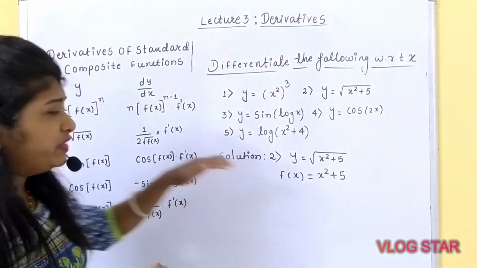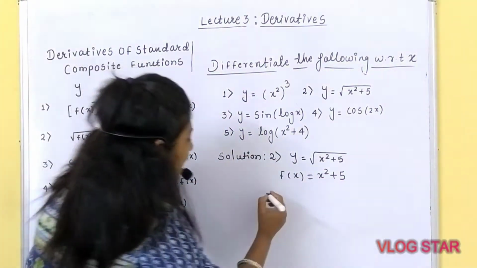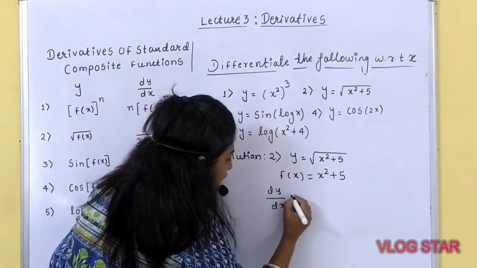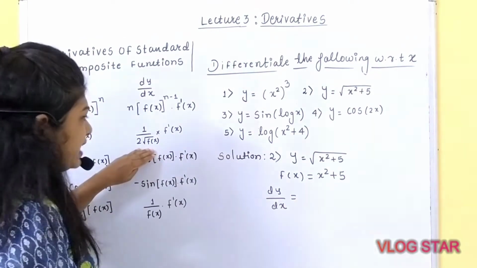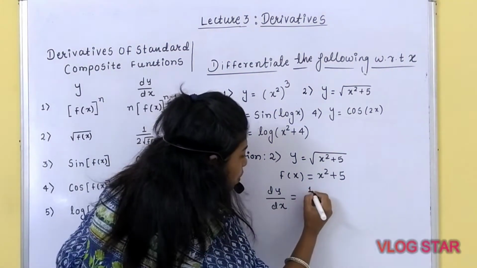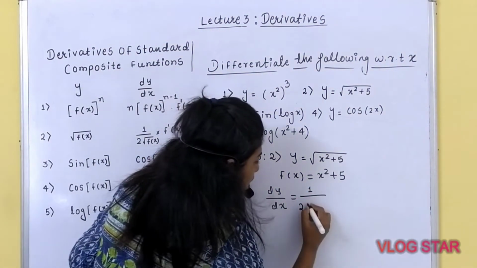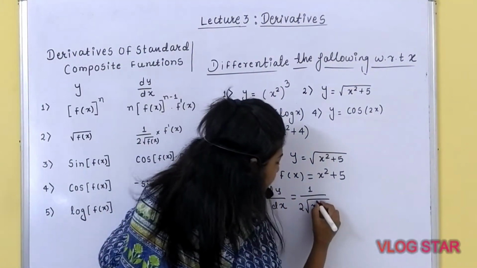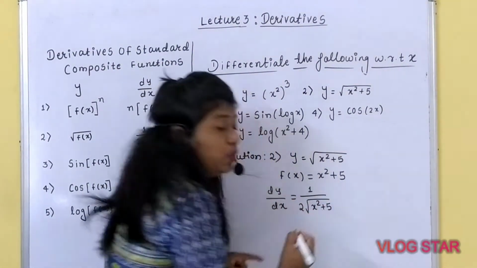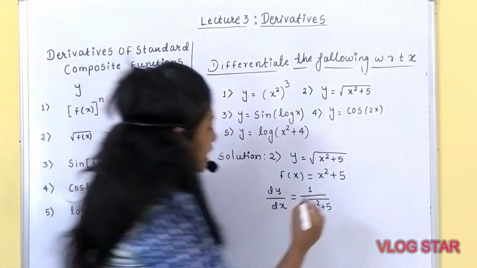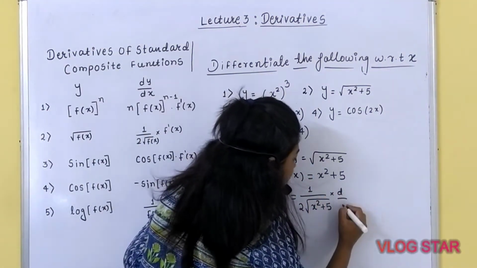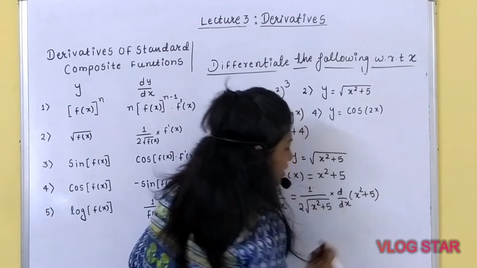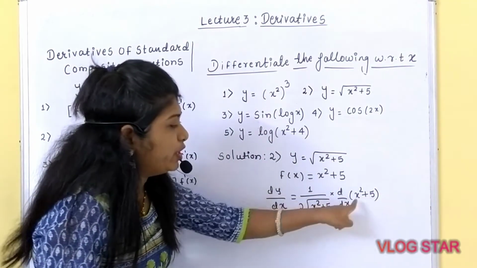Now with the help of the standard result, we have to find the derivative of y with respect to x, which is equal to 1 upon 2 under root of f of x, but in this case f of x is nothing but x square plus 5, into the derivative of this particular term, that is f dash of x. So what is the derivative of this?